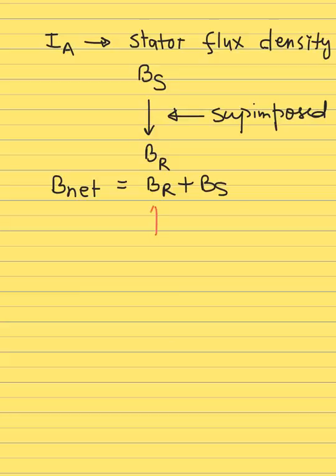So in here, let's clarify. B_R is what generates E_A, the voltage. At the same time, B_net is what generates the phase voltage, the terminal voltage, V phase.